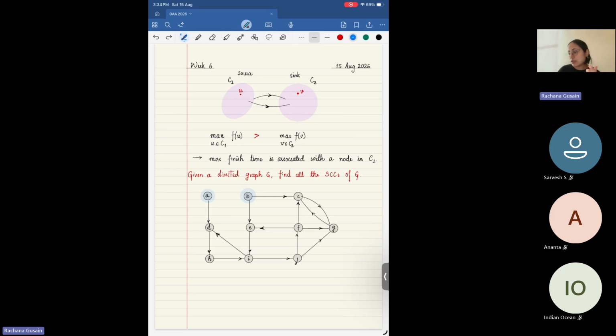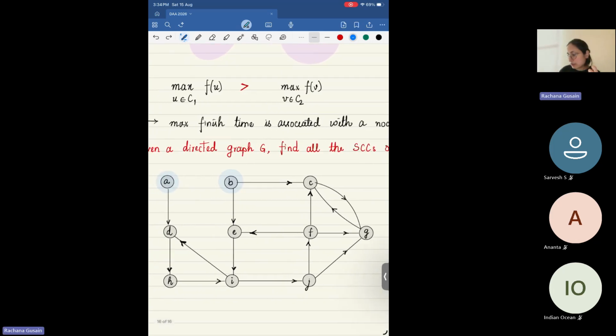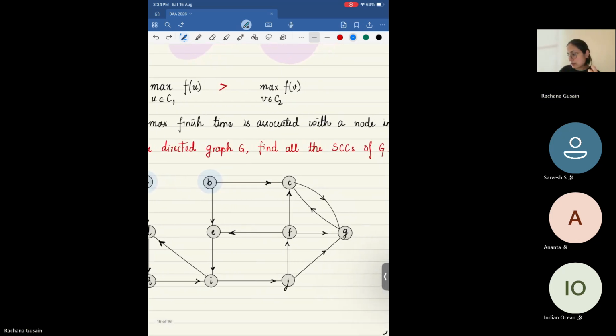No, because I can add one more vertex to it. B or F, which one? We can add B or F to C. So B I cannot add.